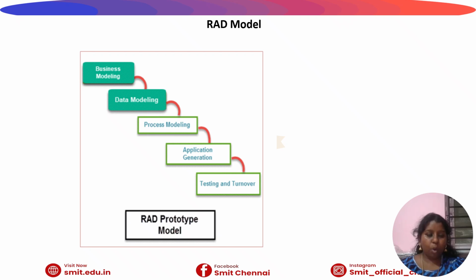In process modeling, the data objects declared in the data modeling phase are transformed to achieve the information to implement the business functions. Application generation: automated tools are used for constructing the software so that we can change the idea into a data model for business. Testing and turnover: in this, the models are tested for a better result of the business model.